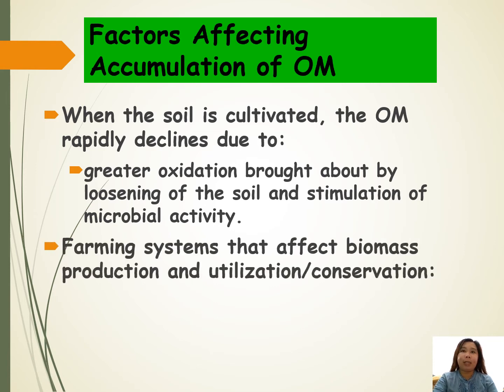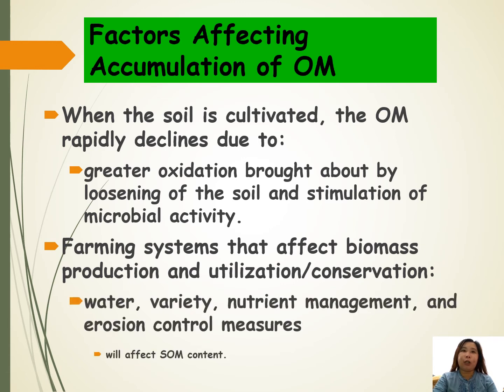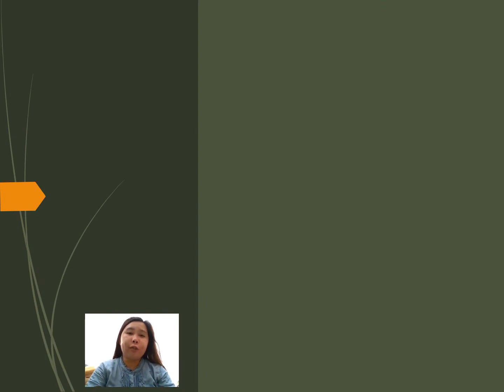Farming systems that affect biomass production and utilization or conservation could increase or decrease the accumulation of organic matter. For example, in terms of water management, use of different varieties, nutrient management, and erosion control measures, all of this will affect the soil organic matter content. So right now we are finished with the factors affecting the accumulation of organic matter.